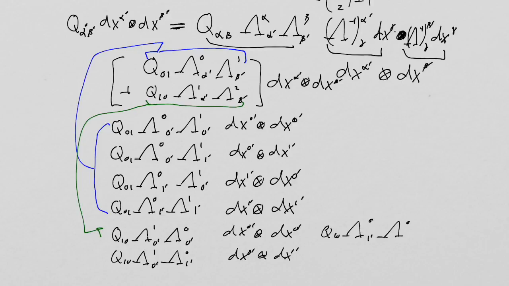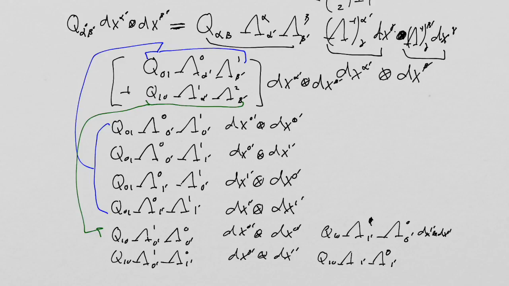I guess it would be 1 prime 0 prime dx 1 prime tensor product dx 0 prime, and then Q 1 0 lambda 0 1 prime lambda. I'm sorry, this should be a 1. It should be a 1 0 1 prime.